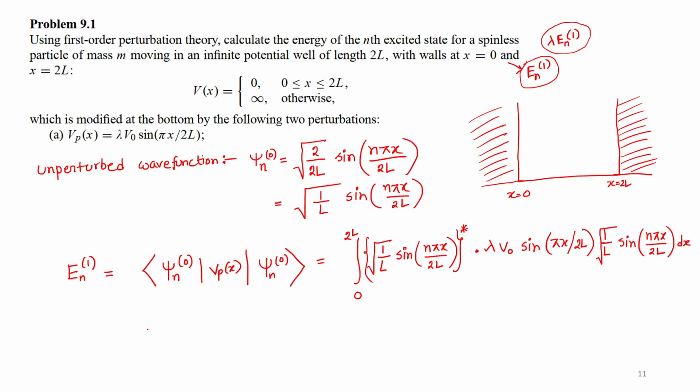Now maybe we can take out the constants outside. So 1 by root L times 1 by root L will be 1 by L. Then we have lambda V0 as constant, right? Then here is our integral 0 to 2L. We can write, so all are sine, right?